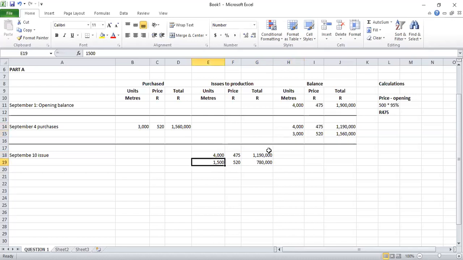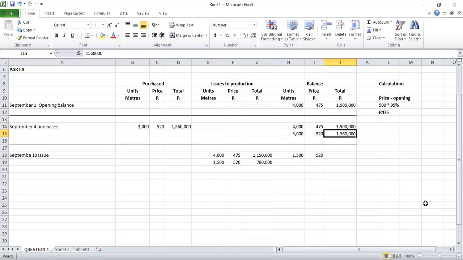If we issued 1,500 from this batch, these ones are gone. They are no longer on the balance. So on these ones, we will now remain with 3,000 minus 1,500. We remain with 1,500 at 520. There's an error on the 4th of September. The balance total must be 1,900,000, like this.